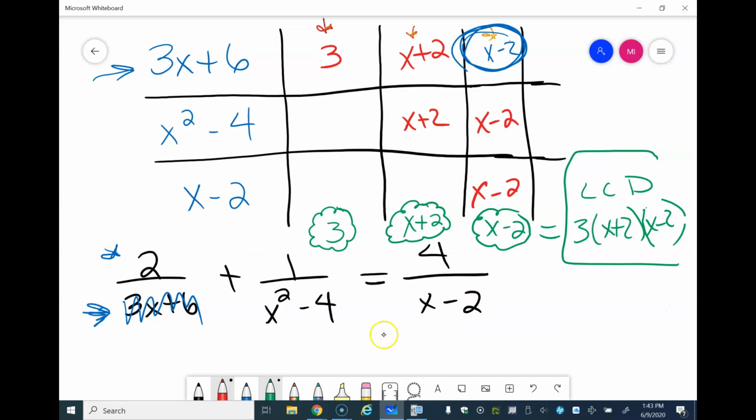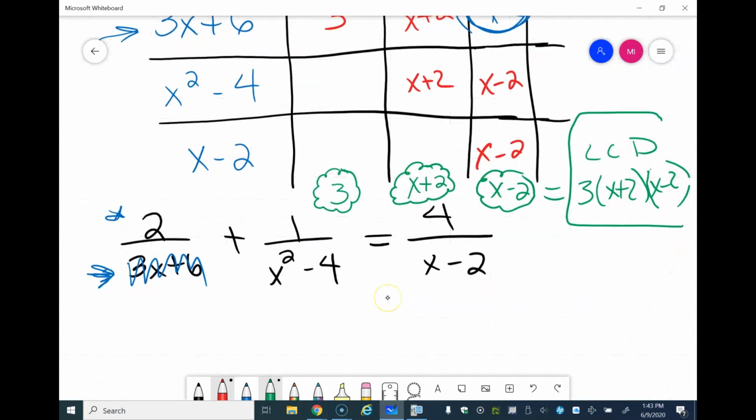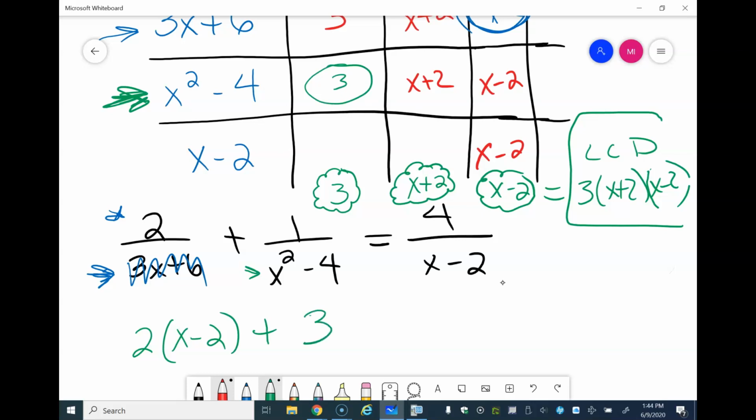So looking at this one here, I'm going to say 2 times what was missing, the x minus 2. All right, so let's do the second one. If we look here in the second one, it's missing a 3. So we multiply that 3 by the 1, which is still 3, and I can get rid of the denominator.